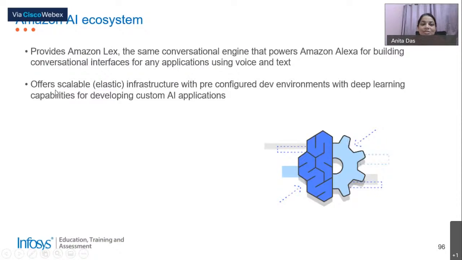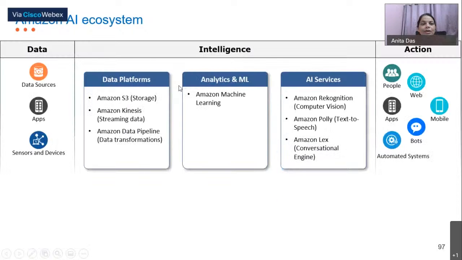It offers scalable infrastructure with configured development environments with deep learning capabilities for developing custom AI applications. We also talk about AWS, which is Amazon Web Services. That is also another important AI platform.